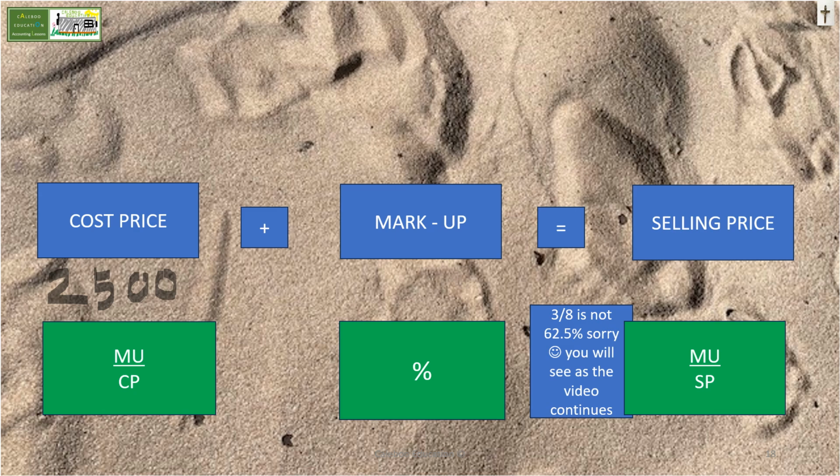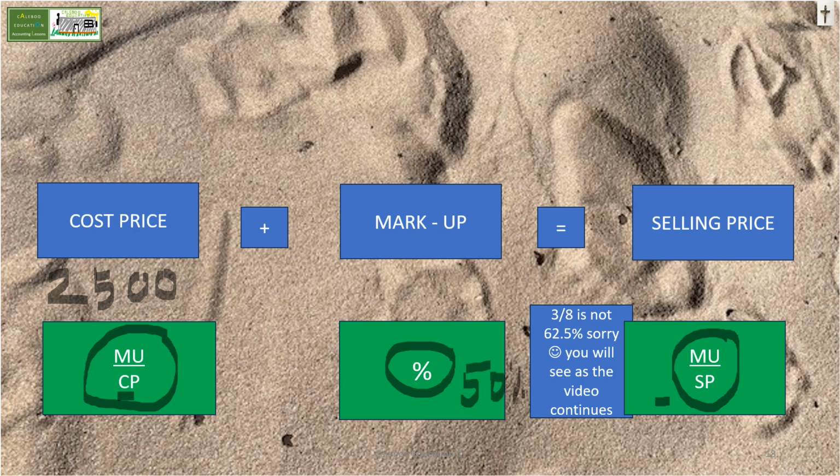Now the business, or your business, can decide to make a markup on the cost price or a markup on the selling price, and that they give it normally in a test or exam. They will say the percentage markup on cost price or selling price, they give it to you, let's say it is 50%.